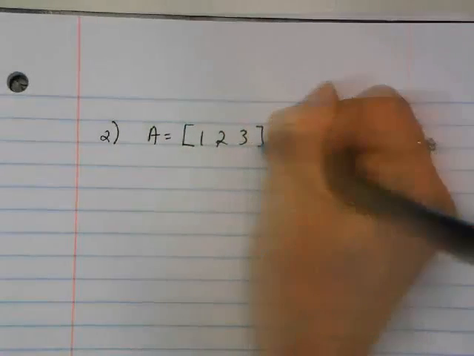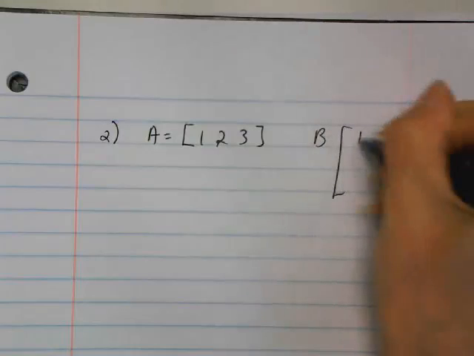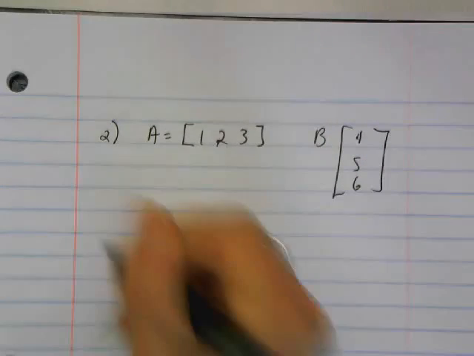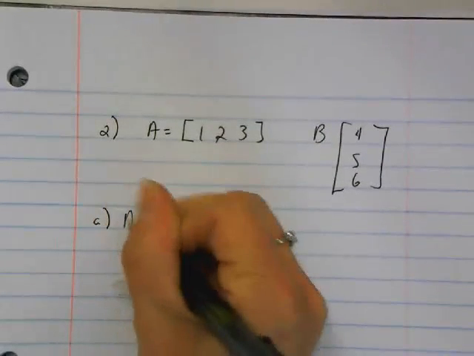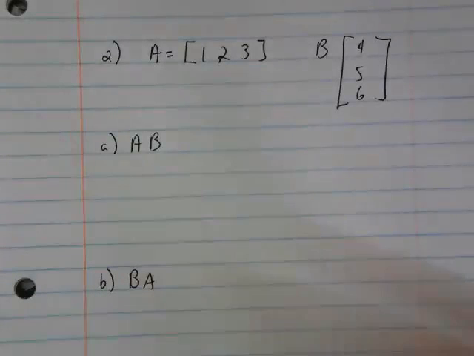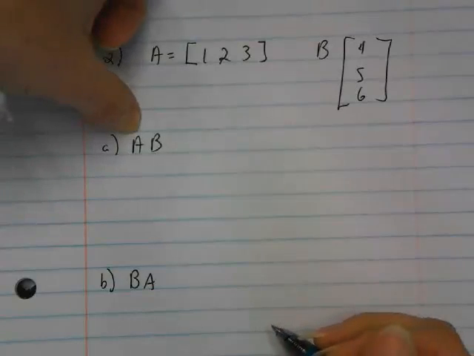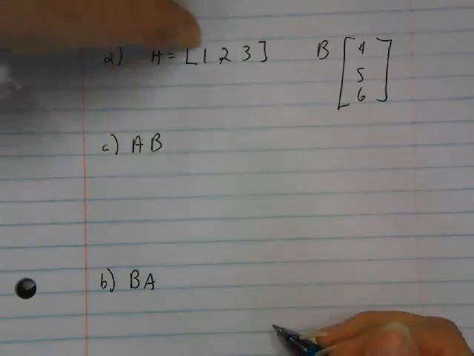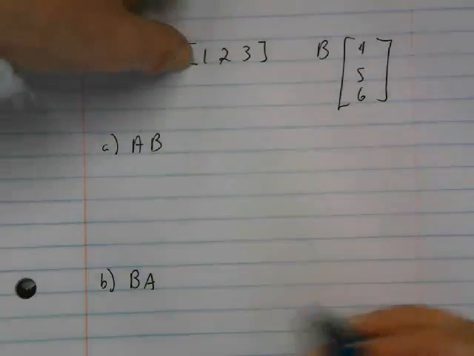So let's first write down what he is. So it's rows by column. So A is a 1 by 3. This guy is a 3 by 1. So can I multiply it? Yep, those work, and I'm left with a 1 by 1.